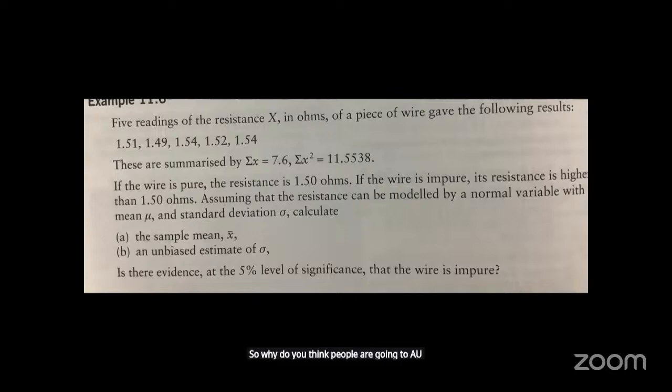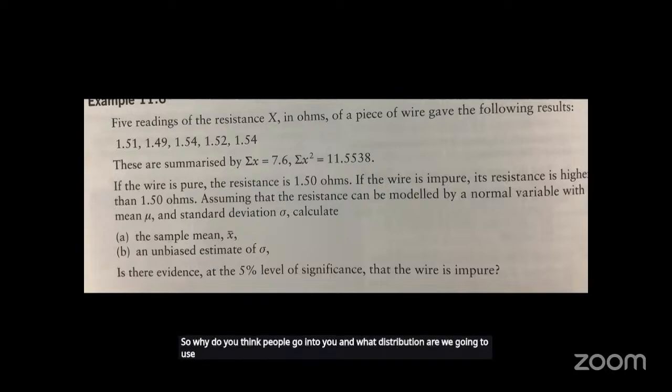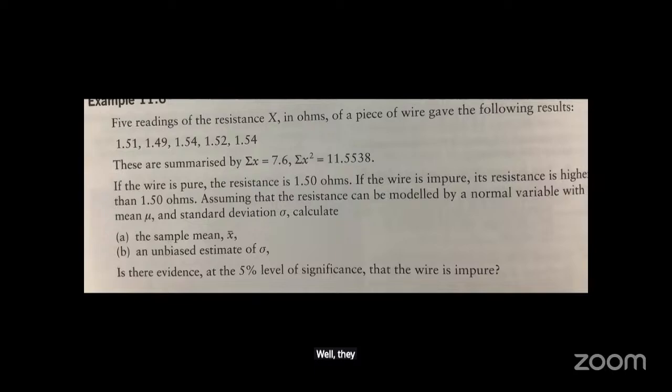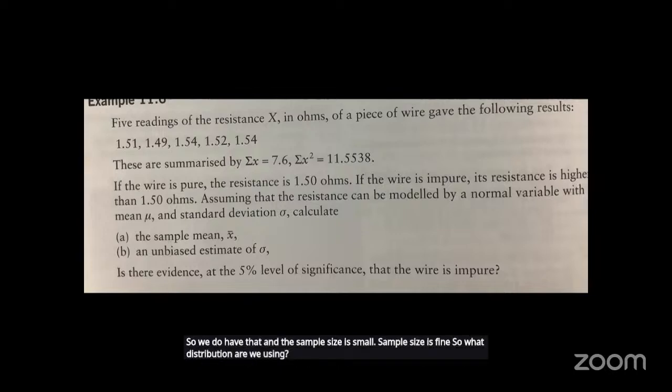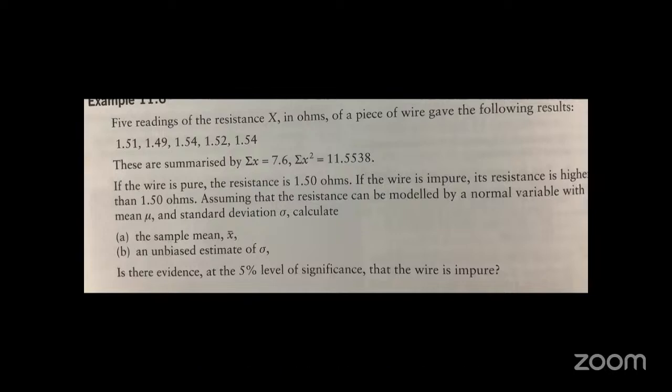They didn't give us the standard deviation or variance, so we don't have that, and the sample size is small. Sample size is 5. So what distribution are we using? The t distribution again. Very good, yes, we're using the t distribution.